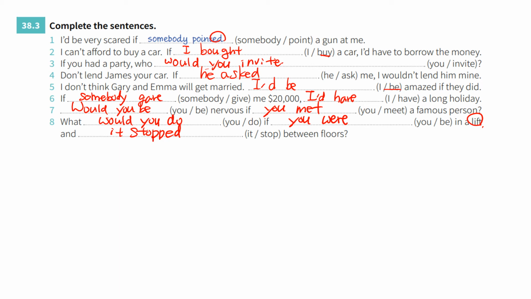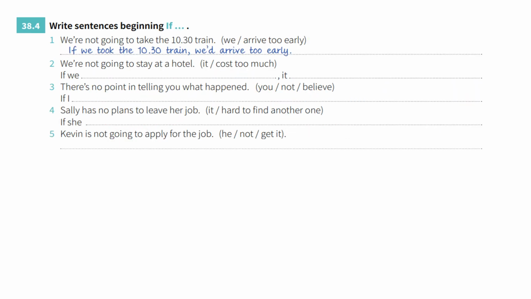Okay, let's go to the next page. The last page for today. Write sentences beginning if. We are not going to take the 10:30 train. We arrived too early. If we took the 10:30 train, we'd arrive too early.